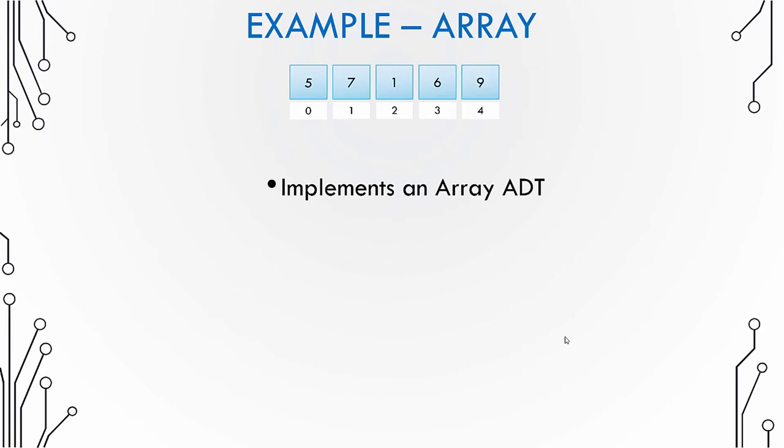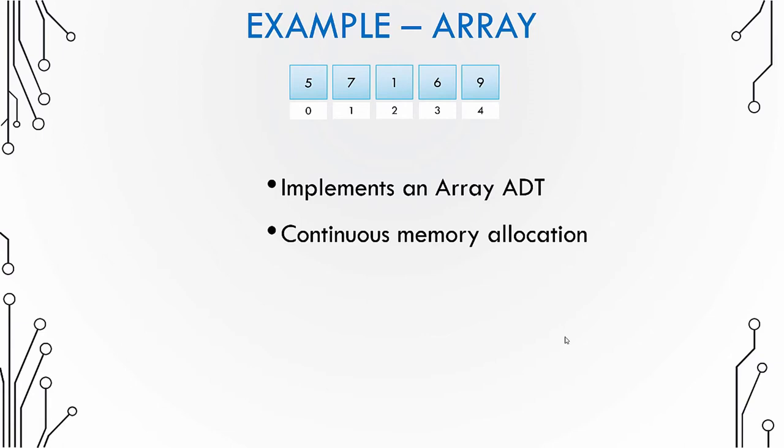So if you have to implement an array abstract data type, then you will say that the memory allocation is continuous. In any programming language, an array is basically a collection of objects that sit beside each other in memory. So they are allocated continuously.